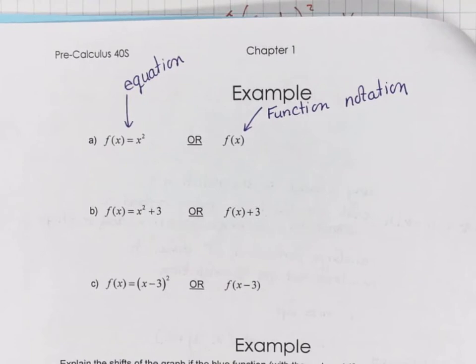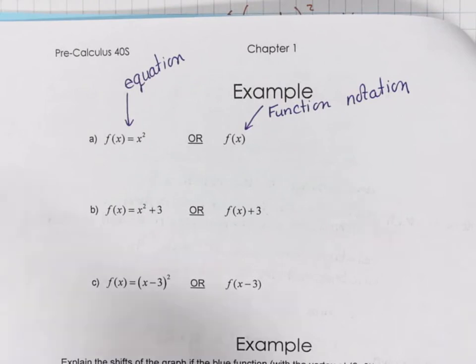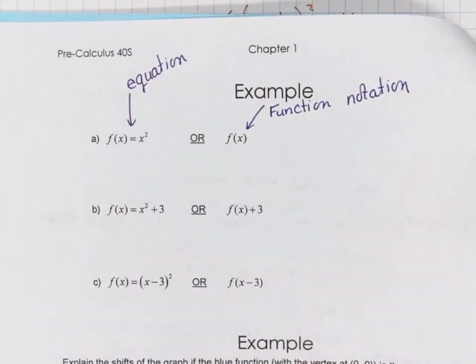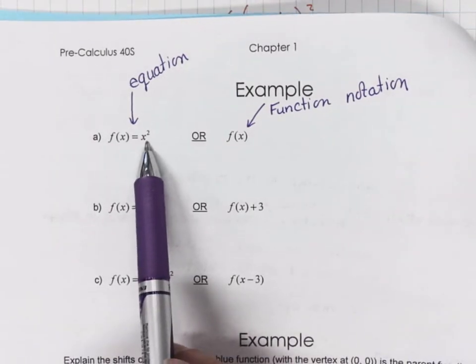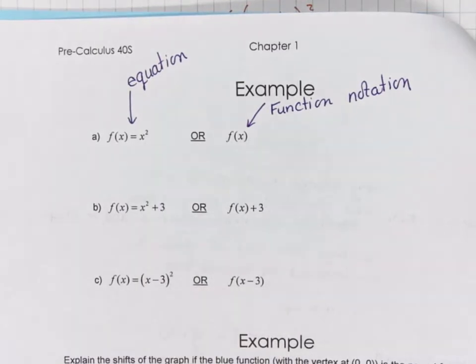So I want you guys just to look at that for a second. It might not pop off the page at you because they both have f of x in them. So the parent function, we would say it is f of x. Now sometimes you get the equation, which would be x squared. You guys all know how to graph that, right? It's your basic parabola from grade 11. The vertex is at 0, 0.